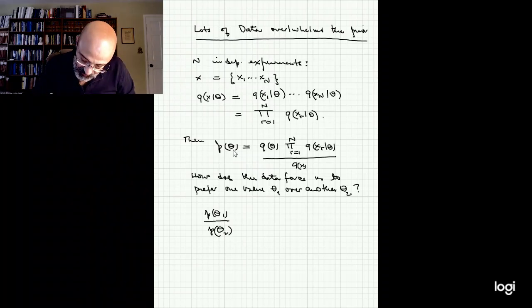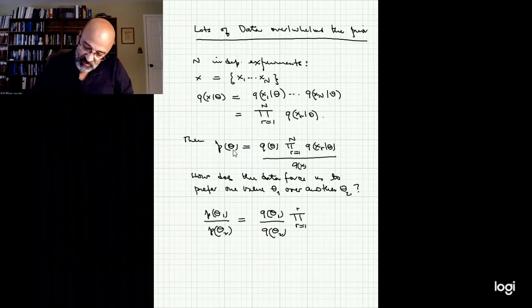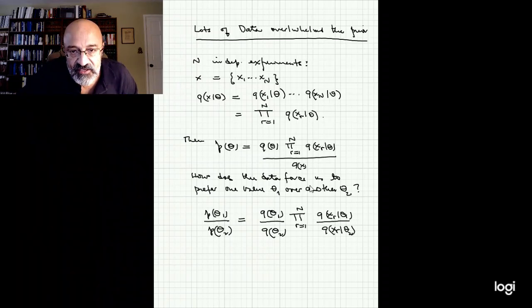When I compute the ratio, I'm going to have the ratio of the prior for theta 1 and theta 2. And I'm going to have the ratios of q(xr given theta 1) divided by q(xr given theta 2). And please notice that the q(x) has dropped out because it has no theta 1, theta 2. It's the same for both the numerator and the denominator, so that's dropped out.